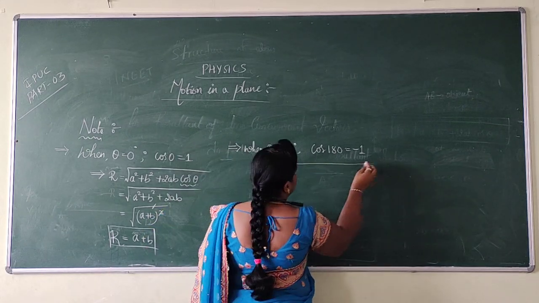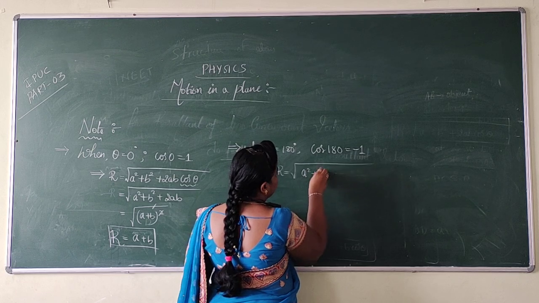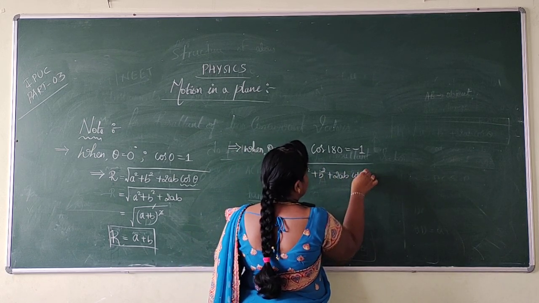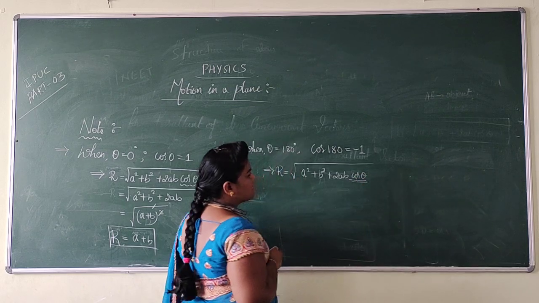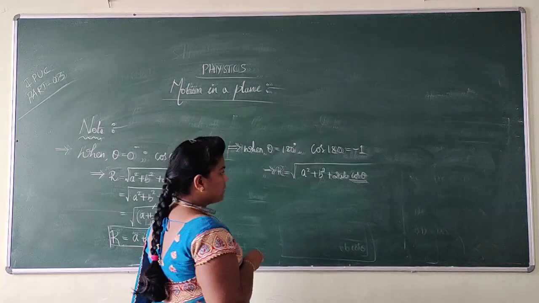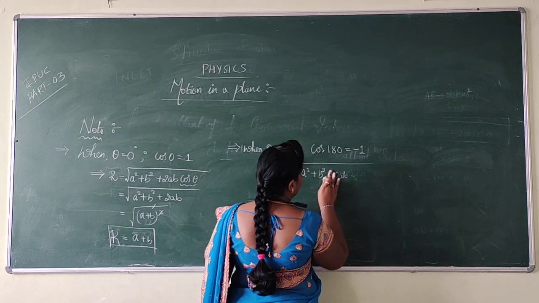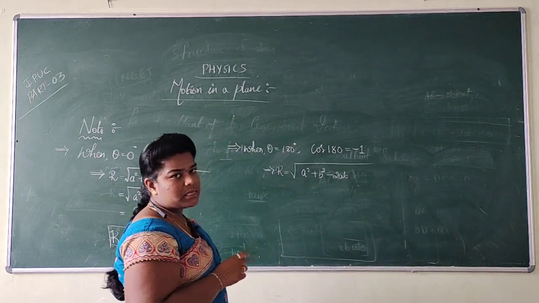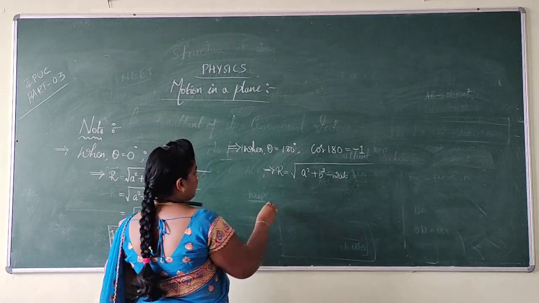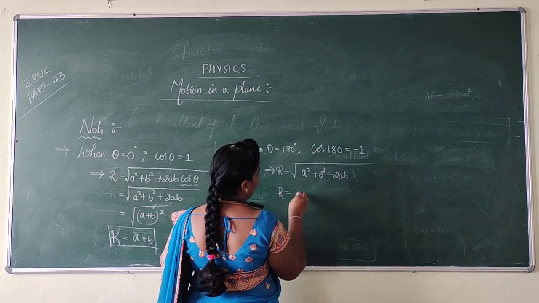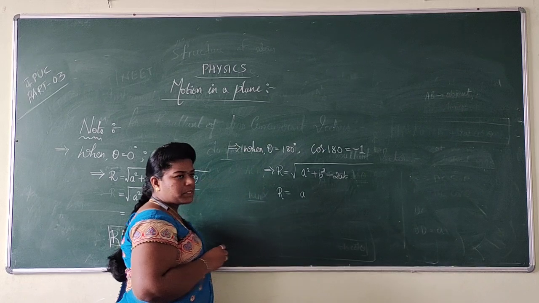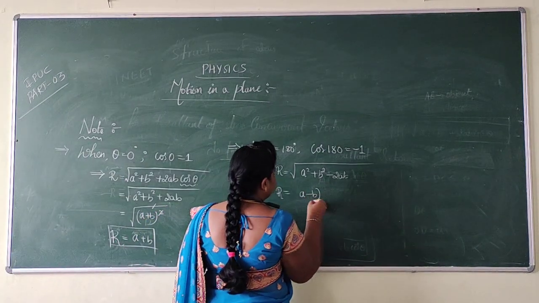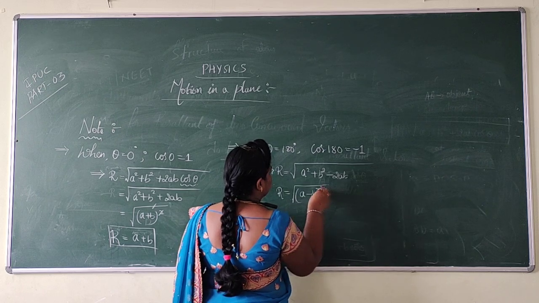You know that the resultant can be written as the square root of a squared plus b squared plus 2ab cos theta, where in place of cos theta we have minus 1, right? So minus 1 into 2ab becomes minus 2ab. Now dear students, here it is in the form of a squared plus b squared minus 2ab. With the help of mathematics, it can be written as (a minus b) whole squared.